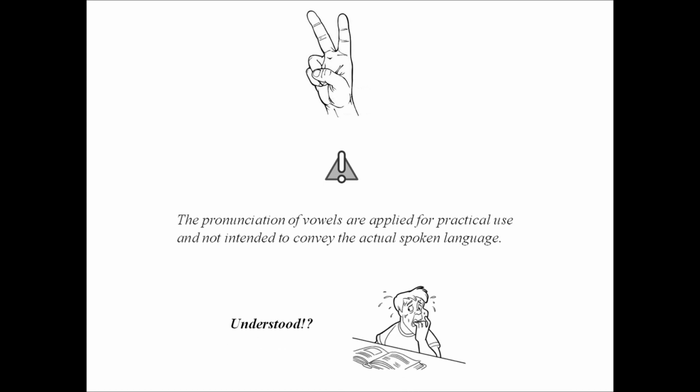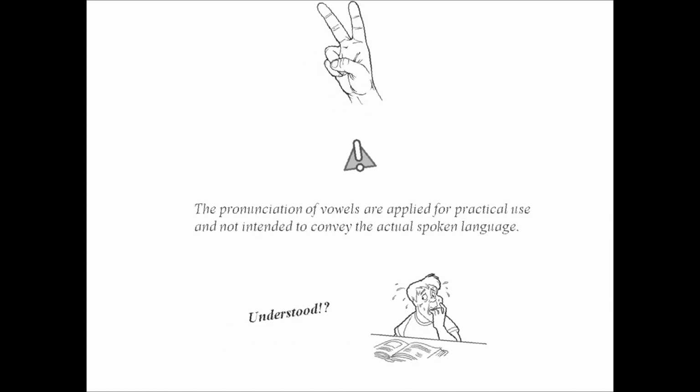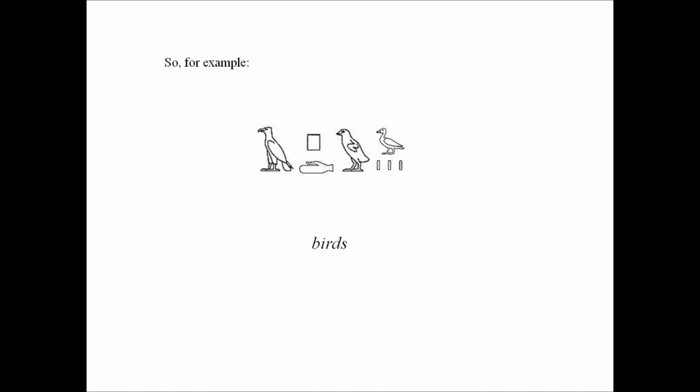So, for example, the following is the word for birds, transliterated as "apdu", given with its transliteration and its English meaning. The vulture represents the letter A for "ah", the footstool for P, the hand for D, the quail for the "oo" sound.